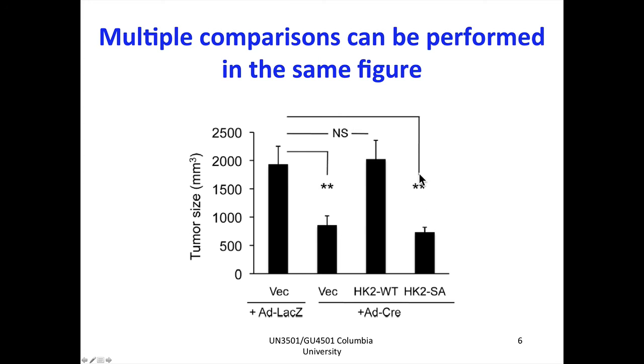That is significant, showing that the kinase dead cannot rescue. So they need to show us these statistics to convince us that what looks visually like a real difference is statistically different when you run the numbers.